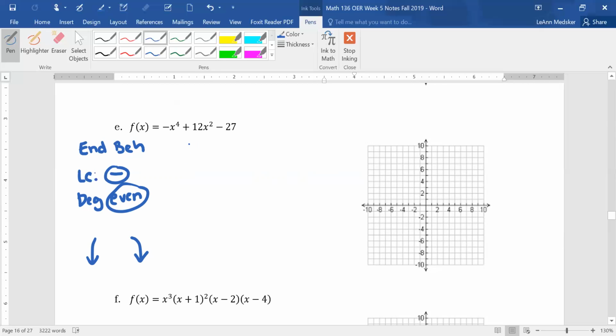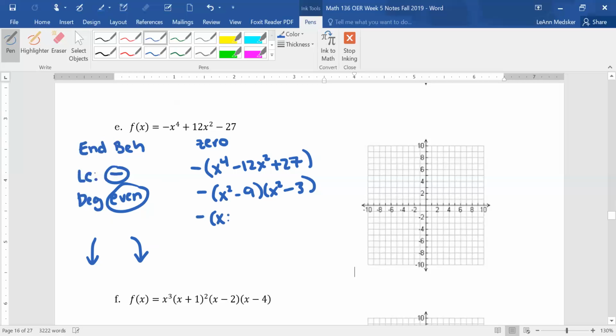Then I would factor this to find my zero behavior. So this is -1, I would pull out x to the 4th minus 12x squared plus 27. That factors into x squared minus 9 and x squared minus 3. The first would factor again into x plus 3, x minus 3.